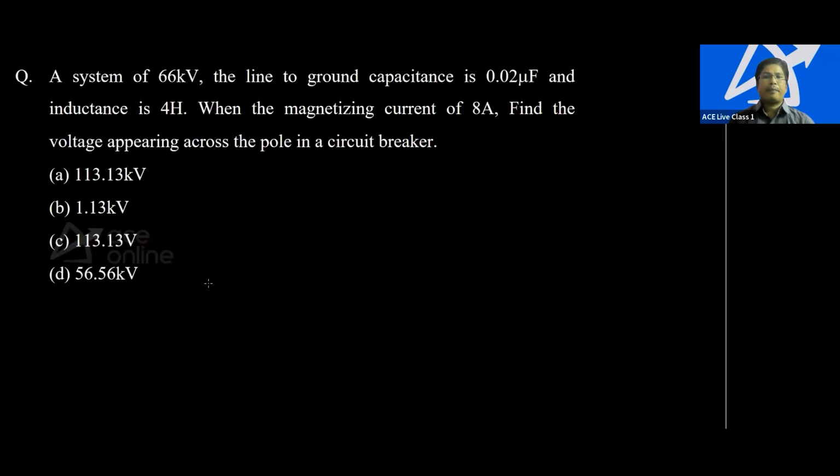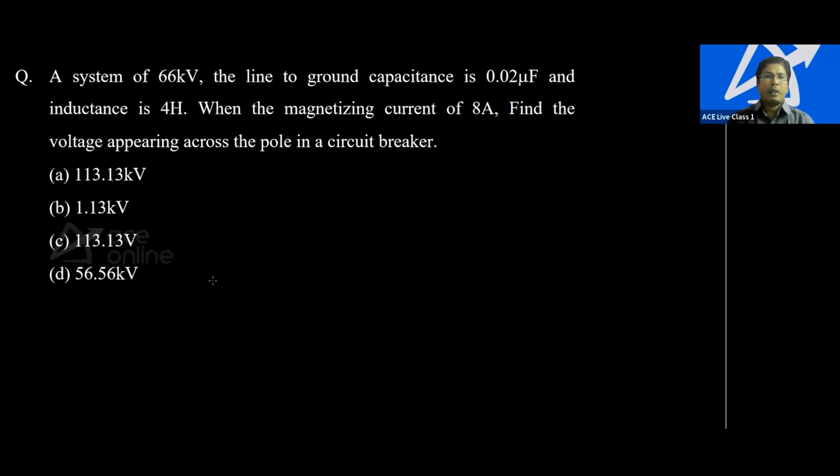The next question is a system of 66 kilovolts. The line to ground capacitance is 0.02 microfarads and inductance is 4 Henry. When the magnetizing current is 8 amperes, find the voltage appearing across the pole of a circuit breaker.